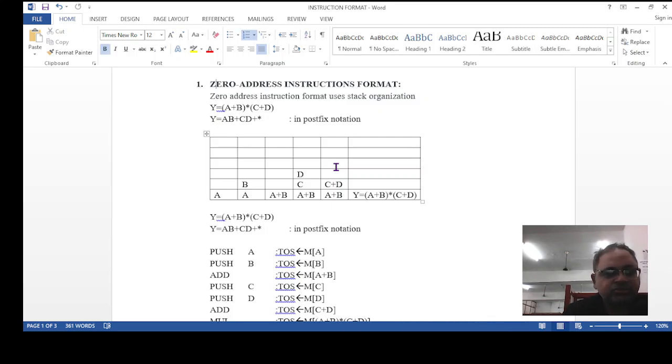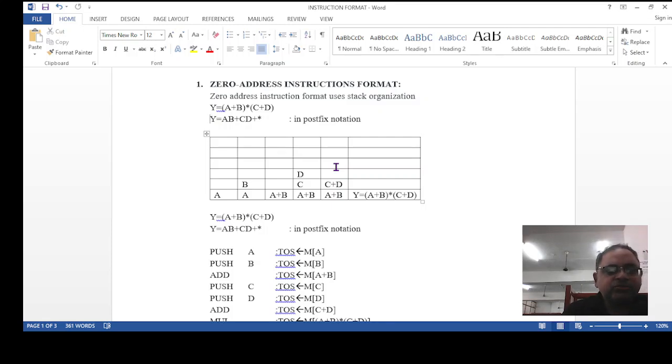I have used only Y equals (A plus B) times (C plus D). In zero address instruction format, we first have to convert the given expression into postfix notation.